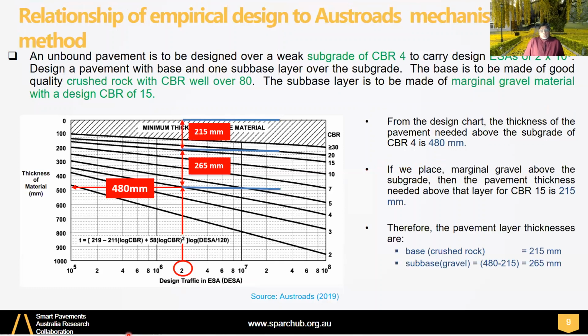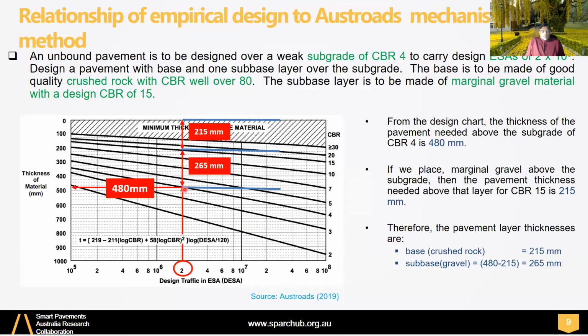In many instances, we look at sublayers. For example, the base layer is divided into good quality crush rock on top and a sub-base layer with marginal material. So in this instance, we have a scenario with the same design traffic, 2 million ESAs, and the subgrade is 4. So we have 480 cover, which is needed. But that cover can be broken up into 2 parts.